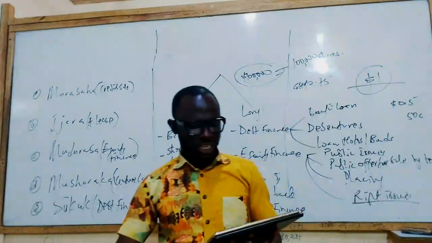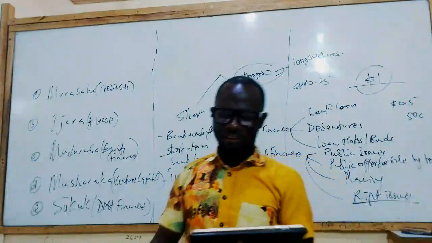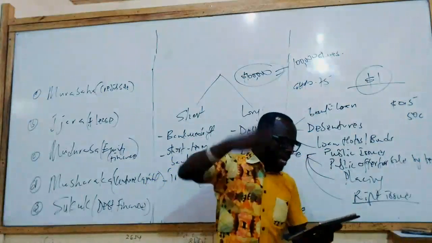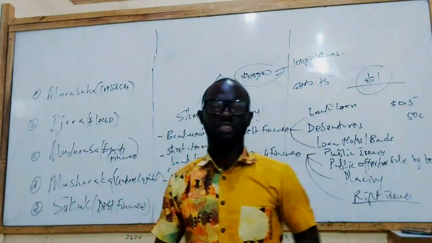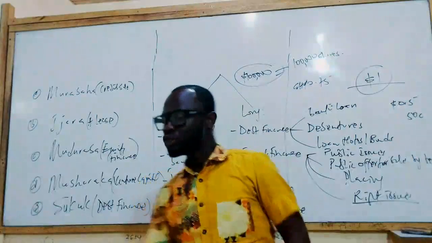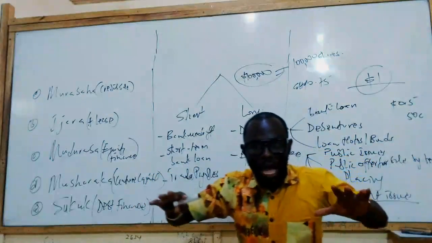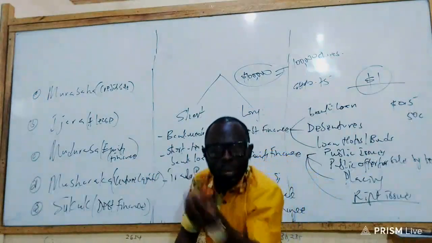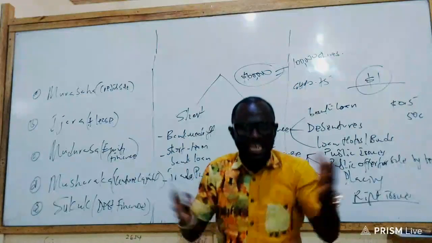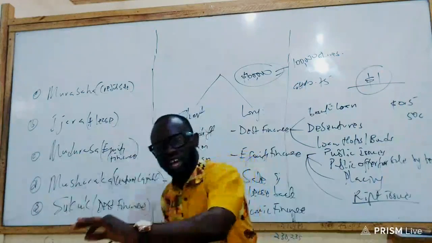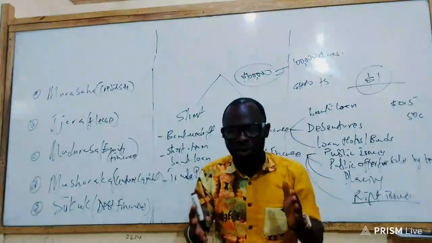However, instead of charging interest, a fixed price is agreed before delivery, the markup effectively including the time value of money. So remember, riba, which is interest, is forbidden in the Islamic world.